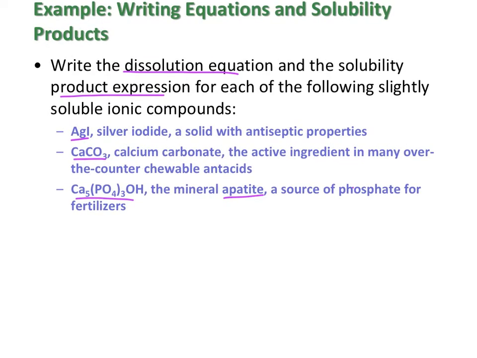So first we are going to start off with AgI, silver iodide. So we have, obviously this is a solid, right? AgI solid. And it's in equilibrium with its ions, so you're just going to split it up into its ions. So what you have to be able to do is figure out the charges.